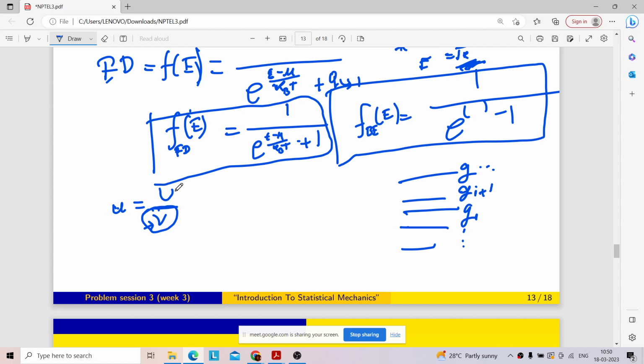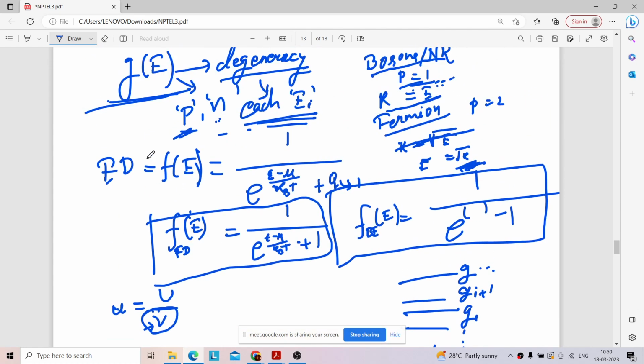The per volume factor, I can get from this degeneracy function which I have defined as the number of states per volume for energy E. So the 1 by V factor is taken by this g(E).